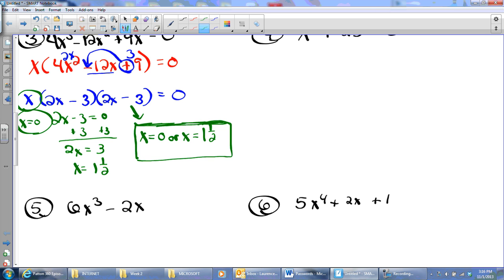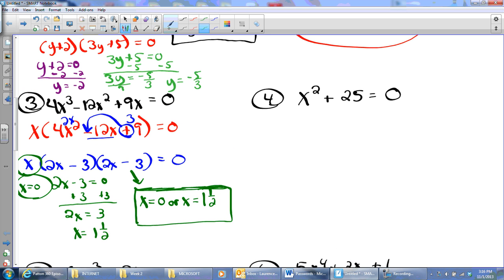That's it. Okay, number 4. I'll tell you what, why don't you pause the video and see if you can do this one on your own. Okay, hopefully, if you're watching at this point, you've already attempted it. I noticed that there's no GCF other than 1, and 1 doesn't do me anything. This is a perfect square with x, and this is a perfect square with 5, but there is no such thing as the sum of perfect squares, right?